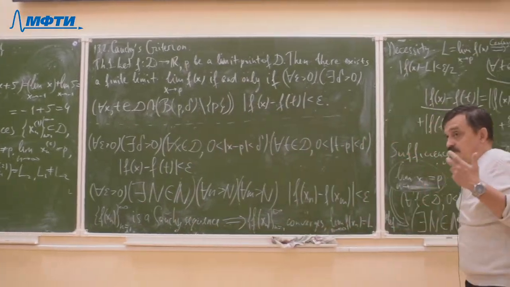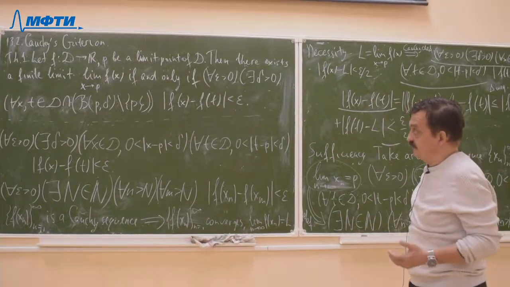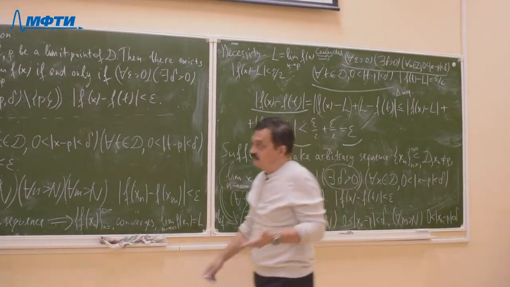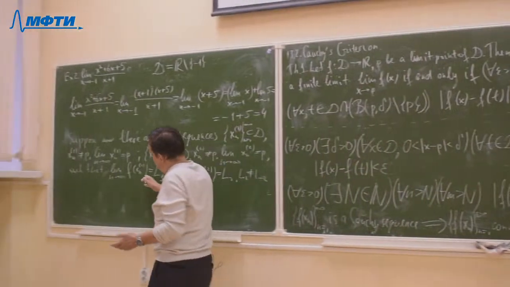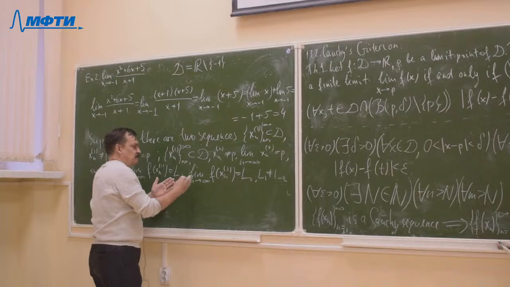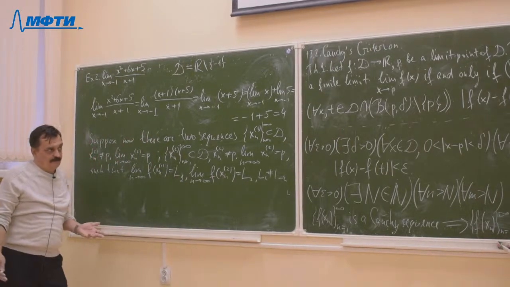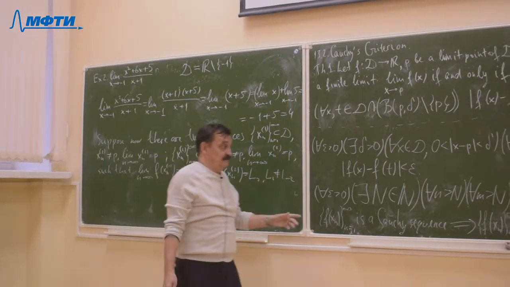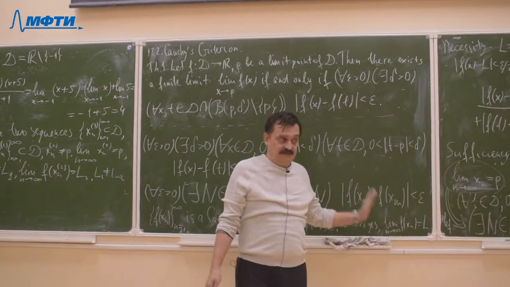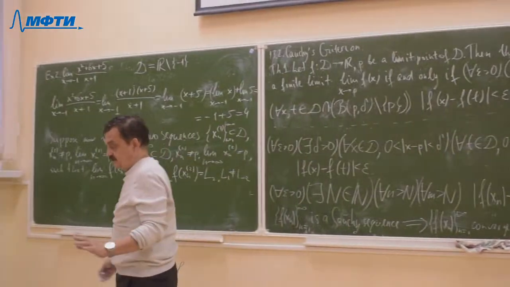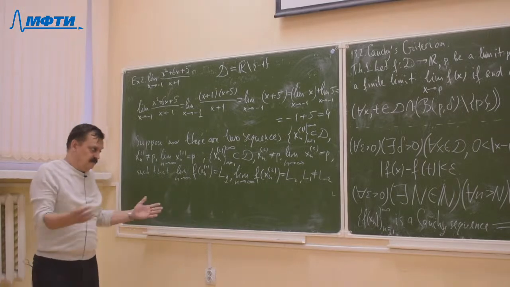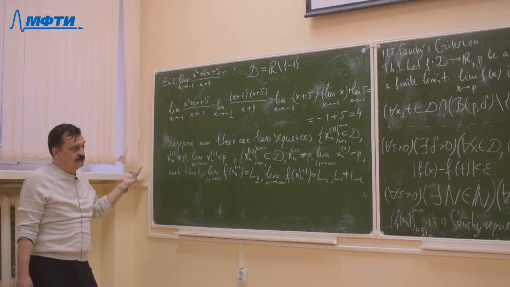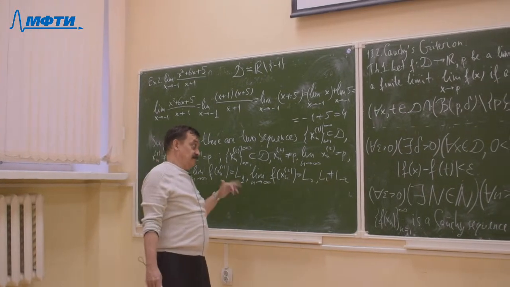And according to the Heine definition, what does it mean that a finite limit exists? It means that for an arbitrary sequence, the limit of the values is the same. Because now we know precisely that there exists a limit, for sure, for an arbitrary such sequence. But we cannot guarantee yet that for two different sequences we have the same limit.